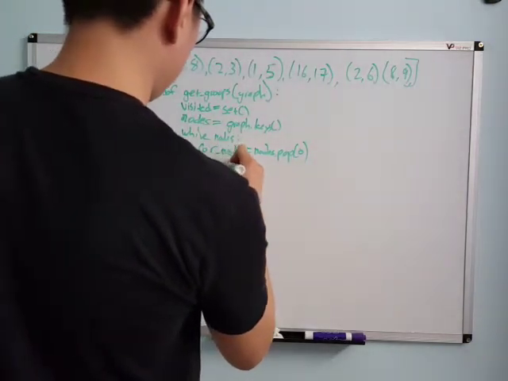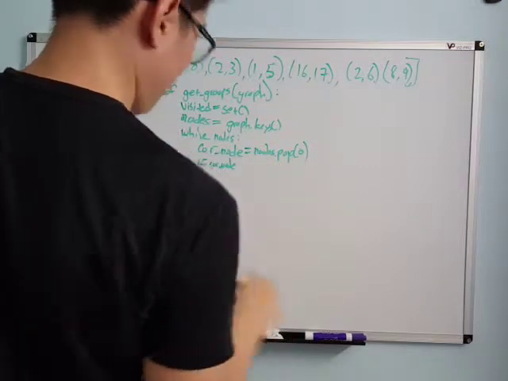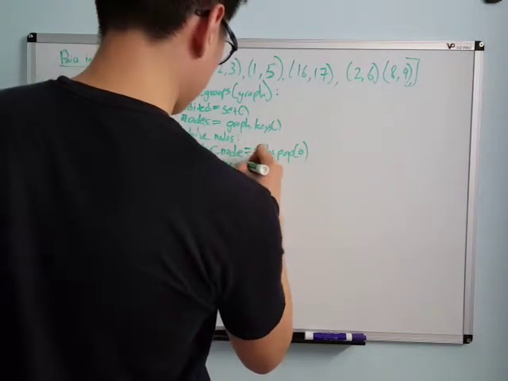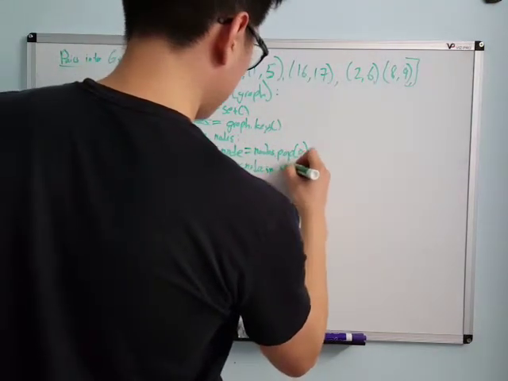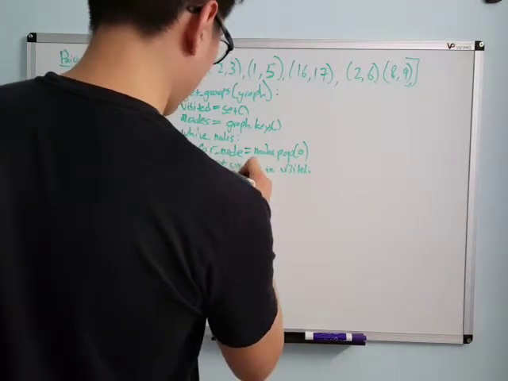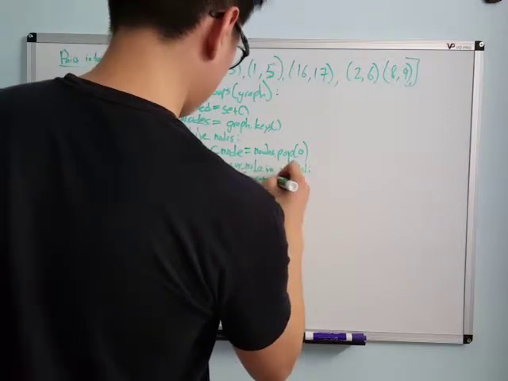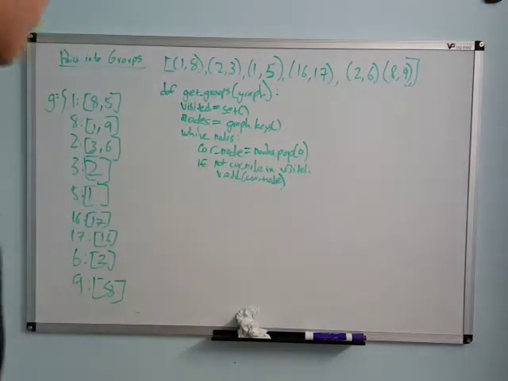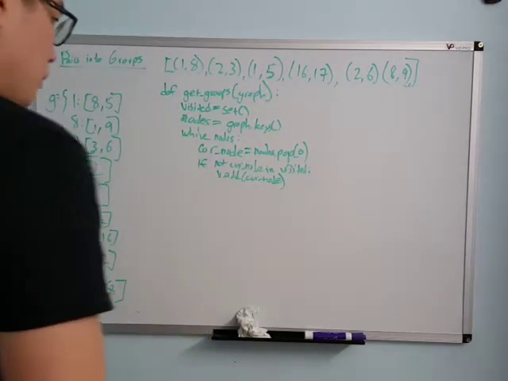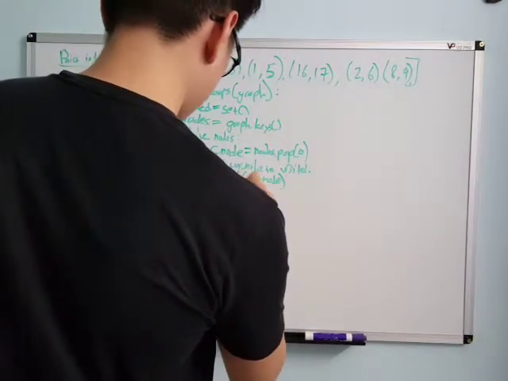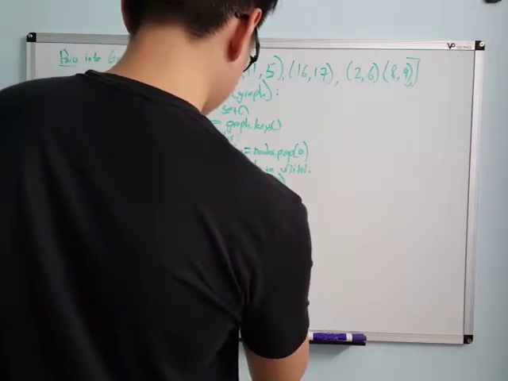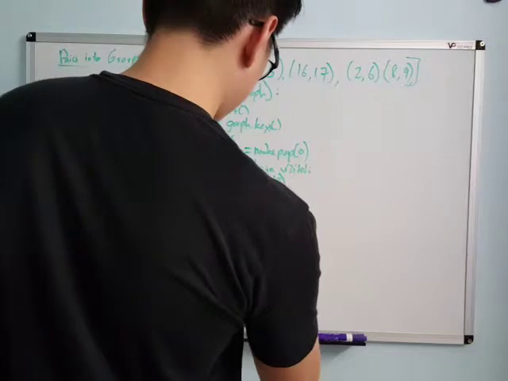If not cur node in visited, I'm just going to write v.add cur node, add cur node, and then cur set equals set, cur set dot add cur node.